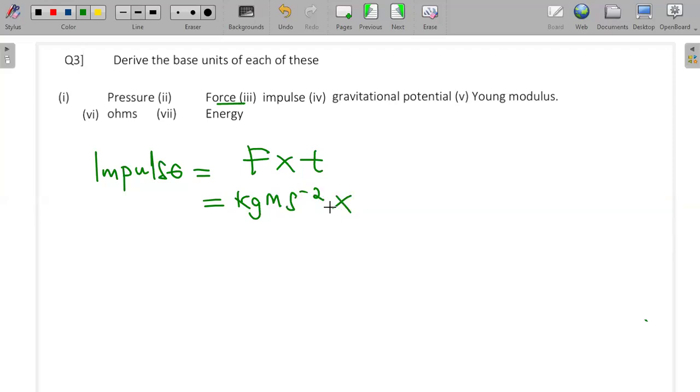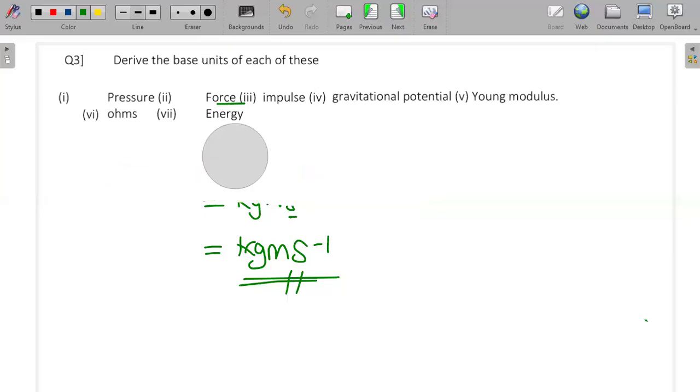Okay, so I'll multiply this by the units for the time. So units for the time, the base unit is just what? Second. So this will be kg, m, and then this is s, this is s. Okay, this is s to the power 1. So they have the same base, so I can add the powers. So that will simply be s to the power minus 1. Okay, so those are the derived base units for the impulse.